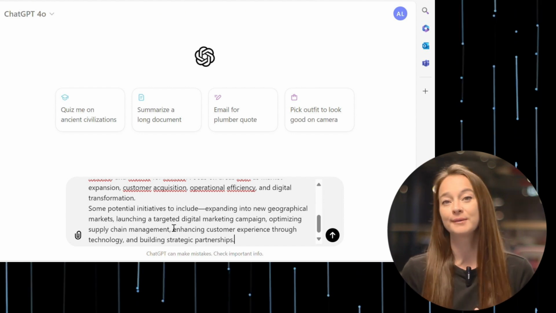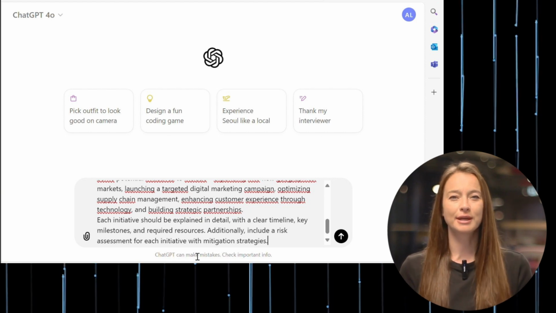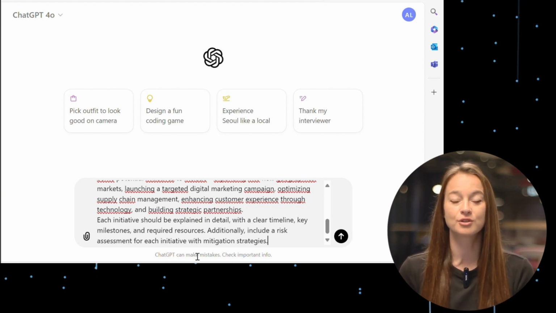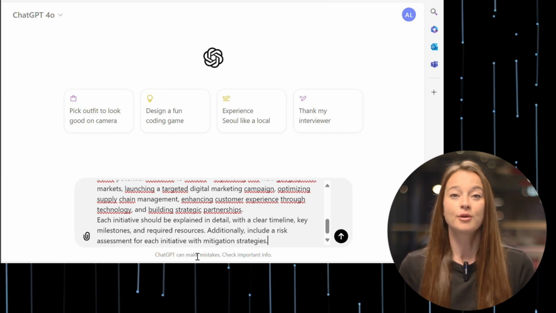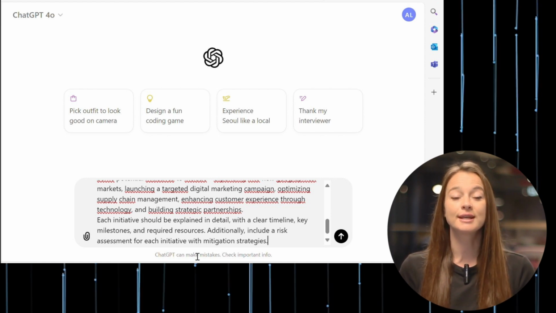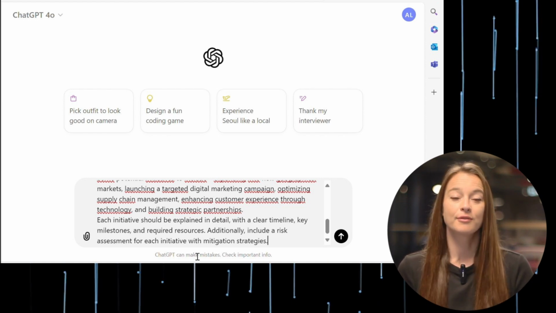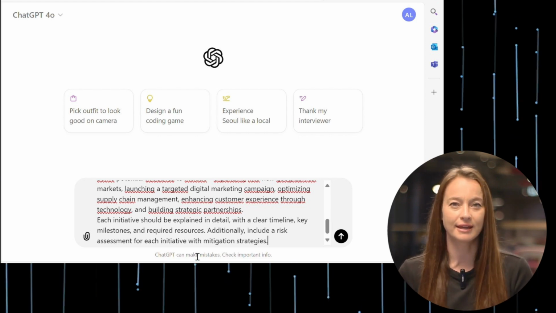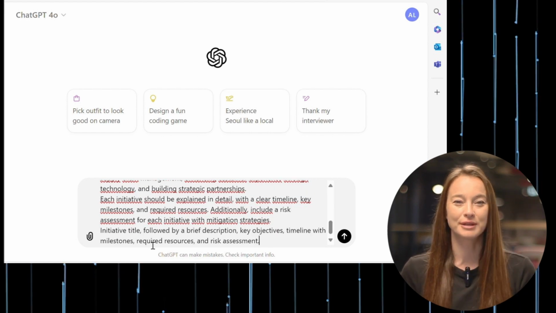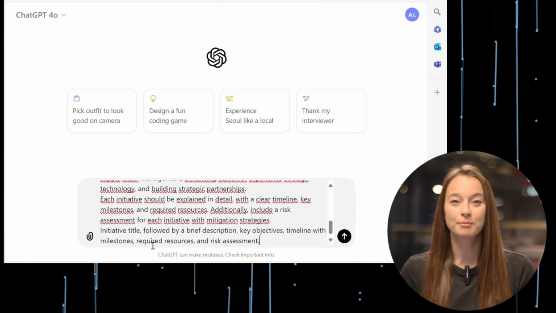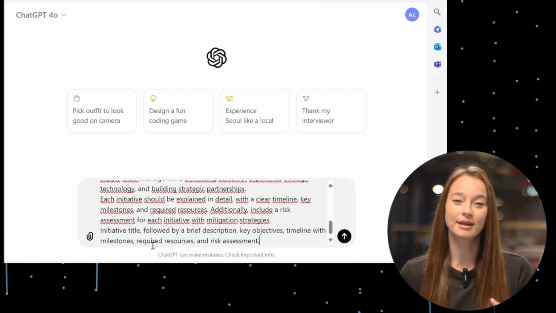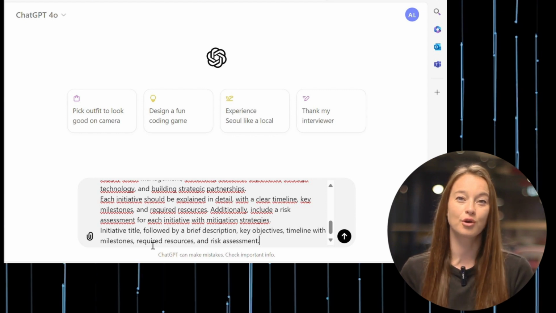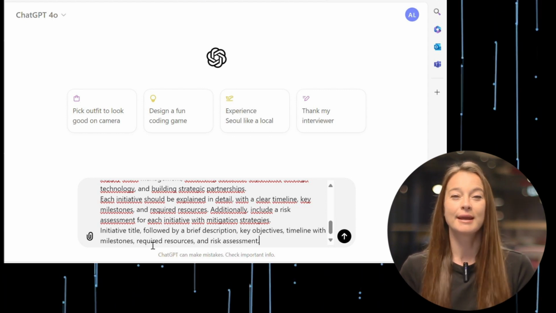And the constraint. Each initiative should be explained in detail with a clear timeline, key milestones, and required resources. Additionally, include a risk assessment for each initiative with mitigation strategies. And we will specify format: initiative title, followed by a brief description, key objective, timeline with the milestones, required resources, and risk assessment.